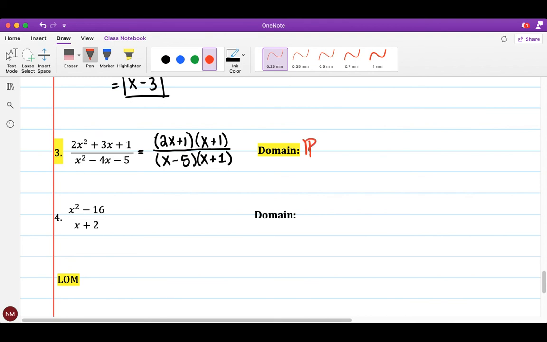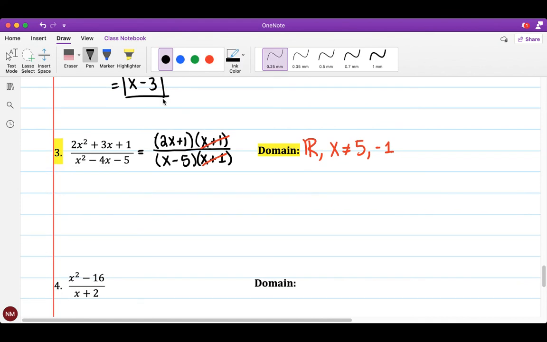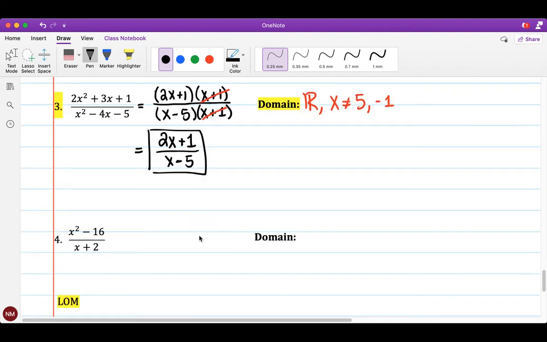My domain is going to be all real numbers, but x cannot equal 5 and negative 1. What are my common factors? We cancel these out. So my final simplified expression is going to be 2x plus 1 over x minus 5.